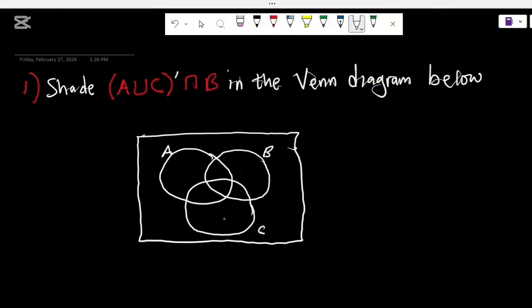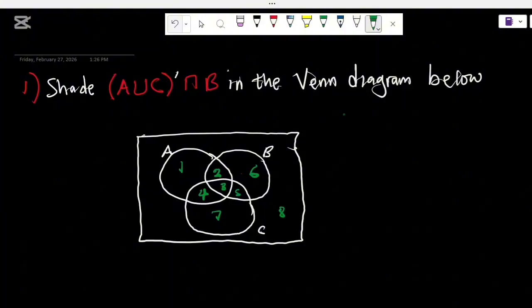So the question is, we want to shade A union C complement intersection B. Now, to make it easier for you, you can write some numbers here. So this is 1, and we can say 2, 3, 4, 5, 6, 7, then we say 8, right?